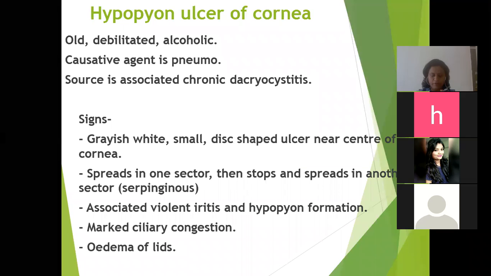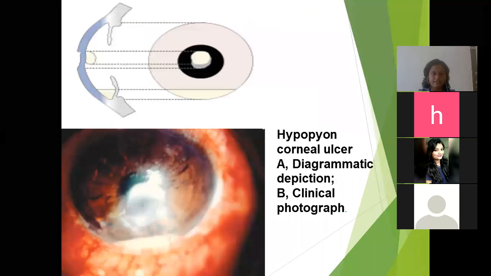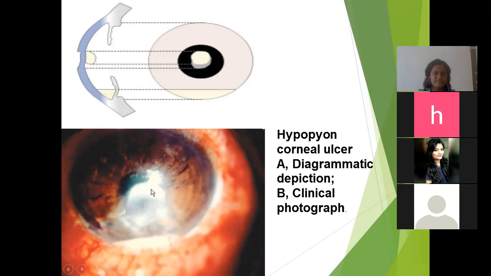Next is the hypopyon ulcer of the cornea. In the hypopyon ulcer, we see the etiology, signs, and a diagram of how the ulcer travels from the center to the periphery and slowly spreads. The ulcer is more at the edges than the center.